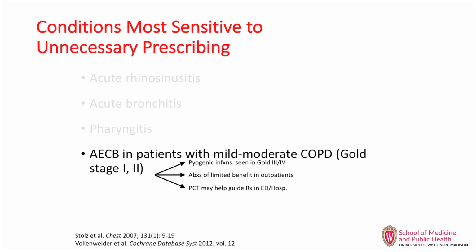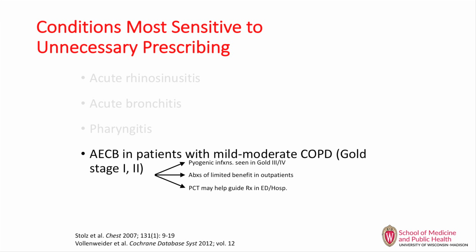So chronic bronchitis, probably the one that we encounter the most in the nursing homes. And the thing to remember is the likelihood of a bacterial infection is largely dependent on the severity of the underlying COPD. So individuals who have mild to moderate airway obstruction, they may get exacerbations, but those exacerbations are almost always viral in nature.